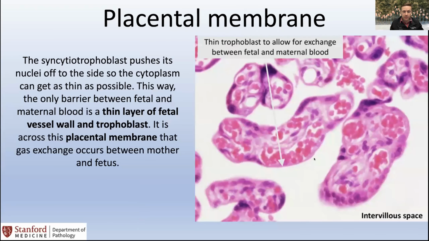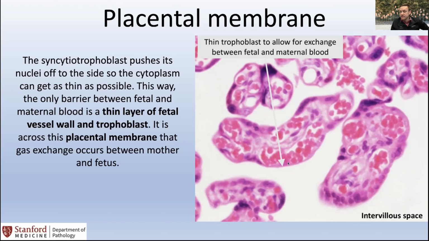And here's a microscopic image on very high power showing the very amazing, what we call placental membrane, essentially the equivalent of the alveolar membrane of the lungs, except here we have fetal vessels with fetal red blood cells, a very thin trophoblast layer, and then the intervillous space that has maternal blood.